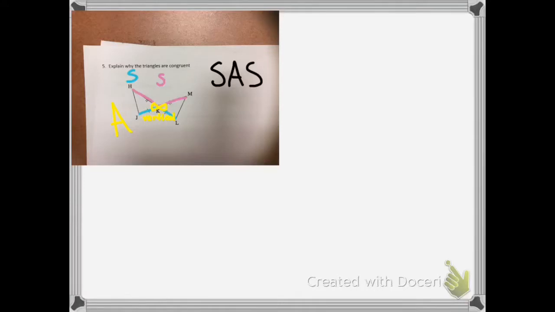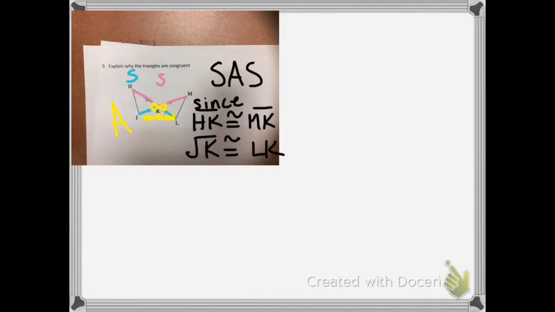Okay, now we do have to explain it, so we have to do a little bit more work. We have to say, since HK is congruent to MK, and JK is congruent to LK, and angle HKJ.